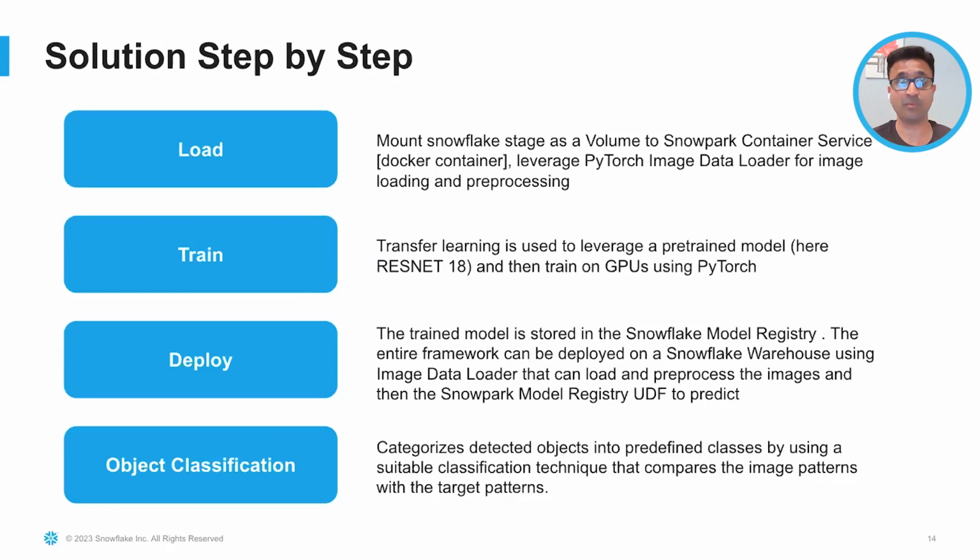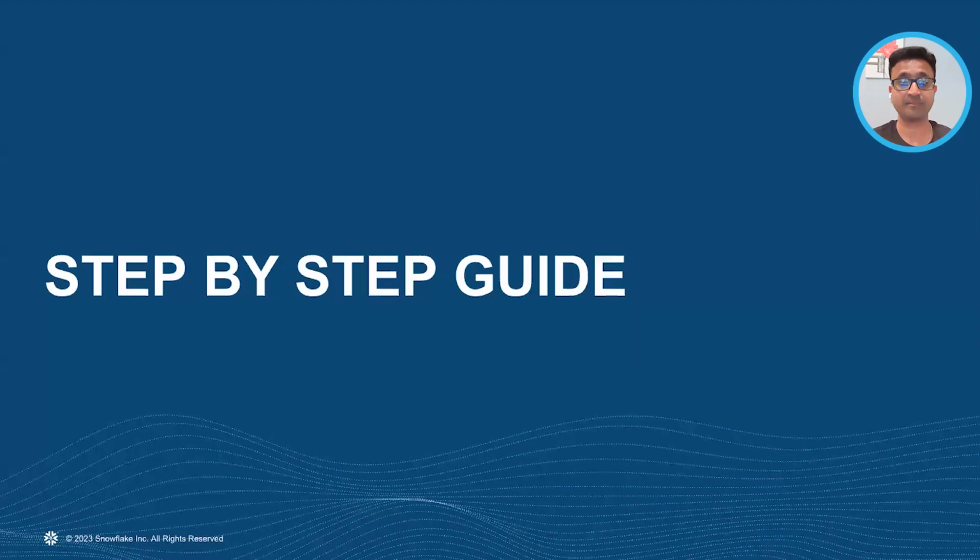Using the compute power within Snowflake, you can deploy it either in a warehouse or on a GPU in a compute pool. Then take that model and use it for inference in a data app, such as a Streamlit app hosted on Snowflake. Next, I will show you a step-by-step guide of how to build this from scratch.